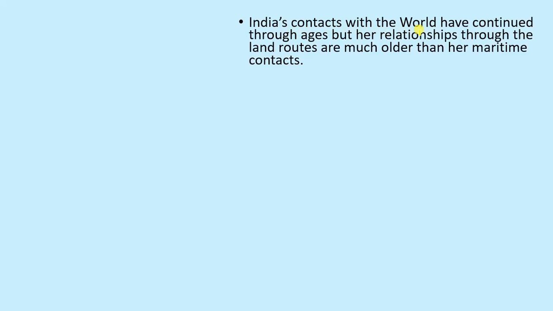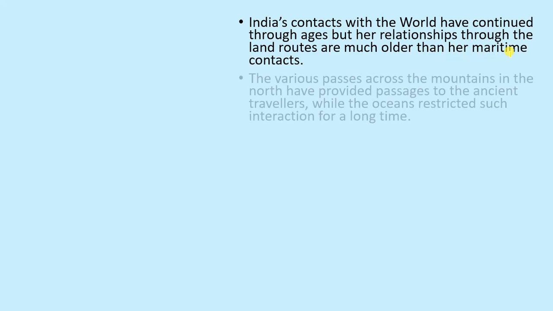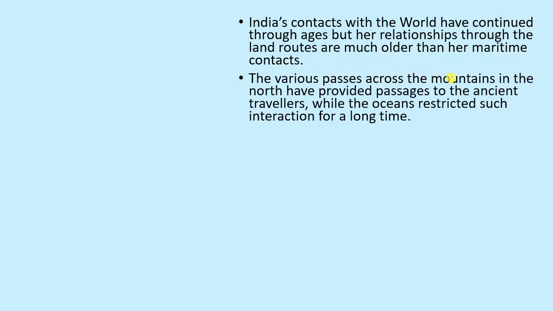India's contacts with the world have continued through the ages, but relationships through the land routes are much older than the maritime contacts. The various passes across the Himalayan mountains in the north have provided passage to the ancient travelers, while the oceans restricted such interaction for a long time.